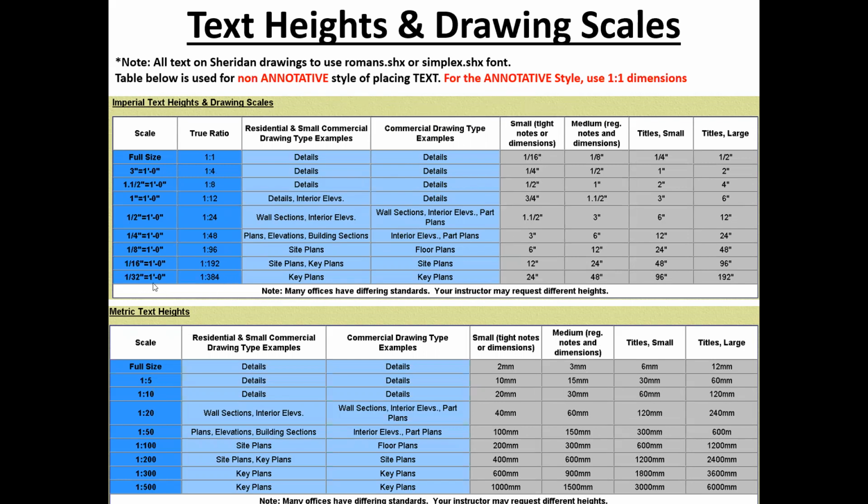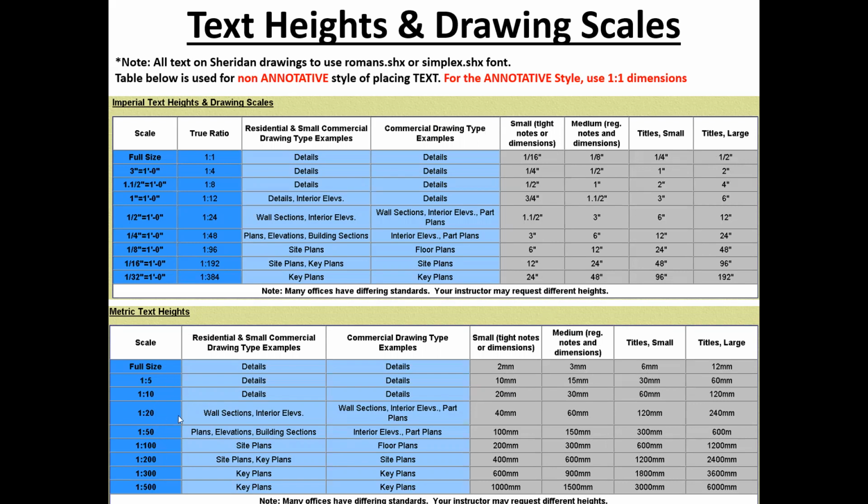So it could be 1/32 is to 1 foot, and it will still print at 1/16 of an inch, or 1/8, or 1/4, or 1/2 for imperial. And then 2 millimeters, 3 millimeters, 6 or 12 millimeters for any of the scale.